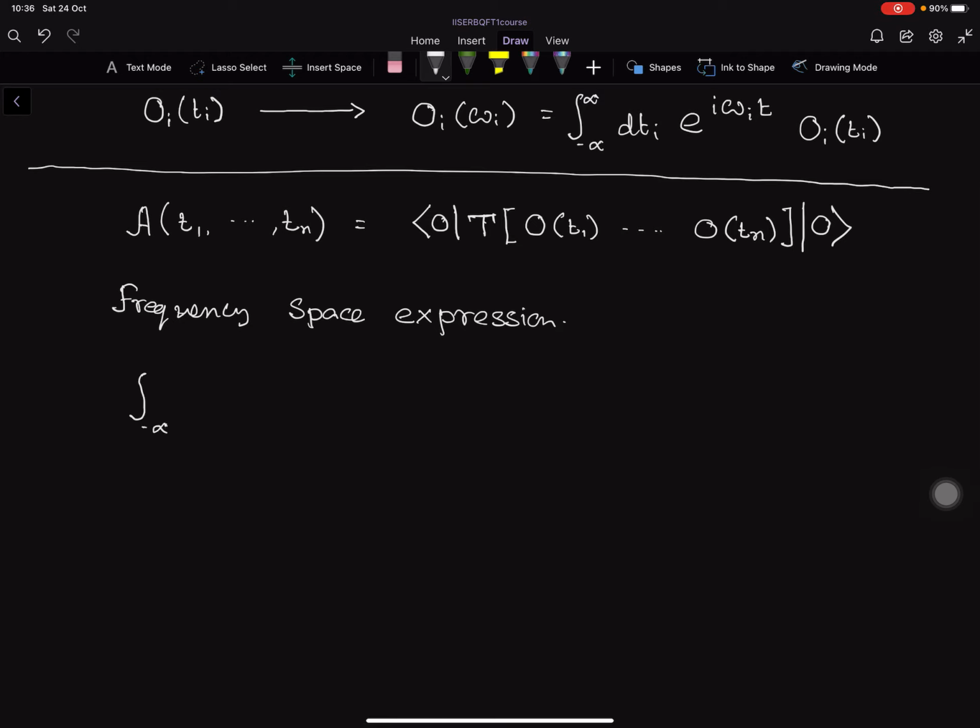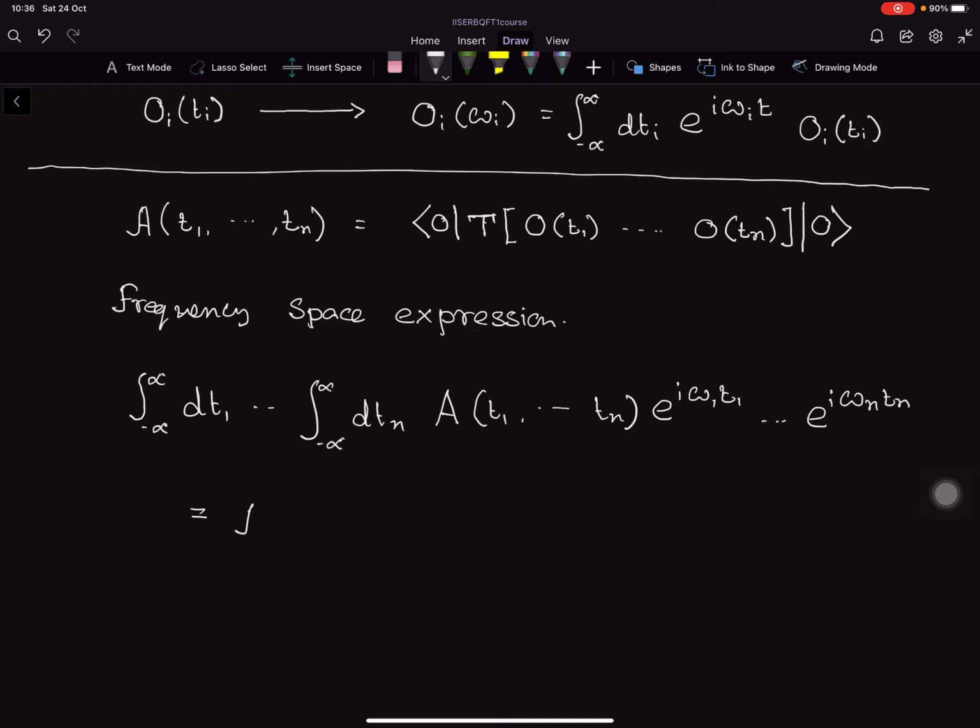So we have the integral from minus infinity to infinity of dt1, and so on.